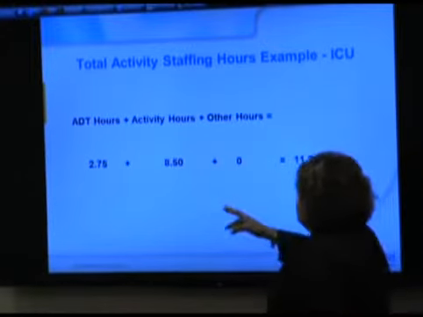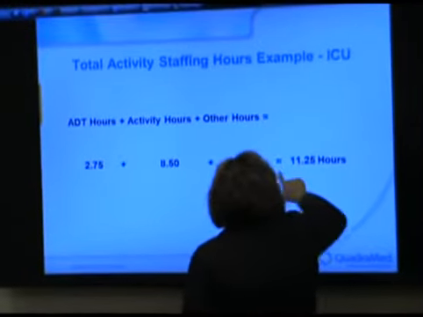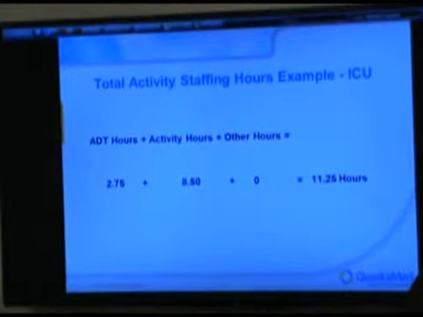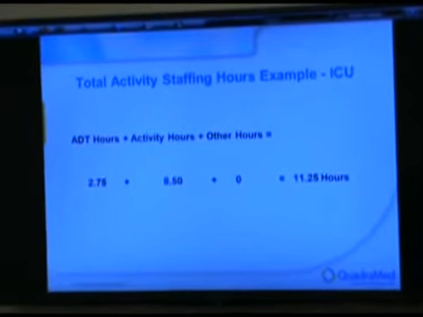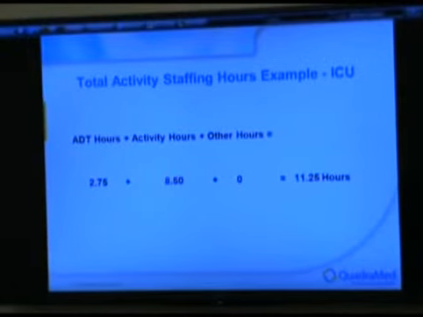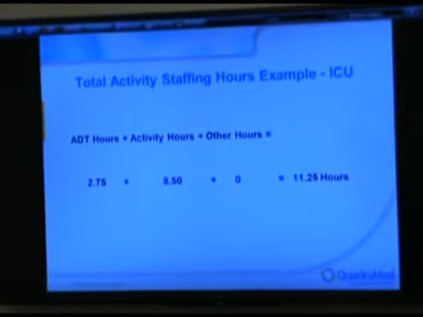So we take these ADT hours and activity hours, and based on that, the software will add 11.25 hours to the staffing recommendations for this activity, which is 1 8-hour equivalent, right? Okay.